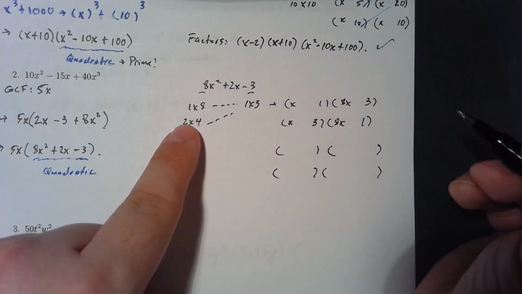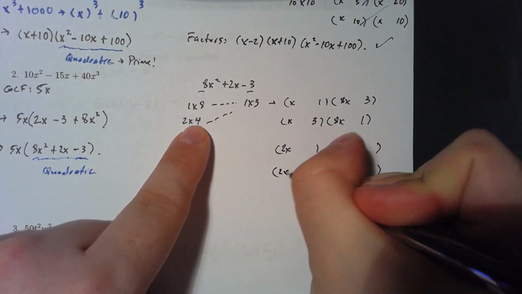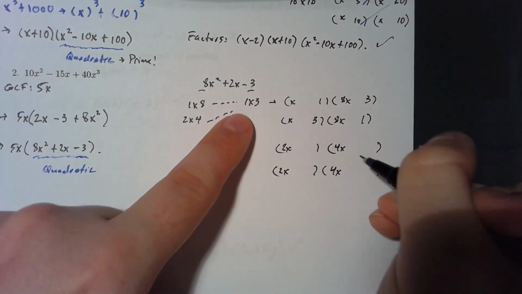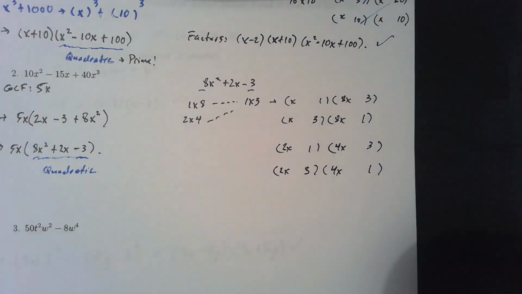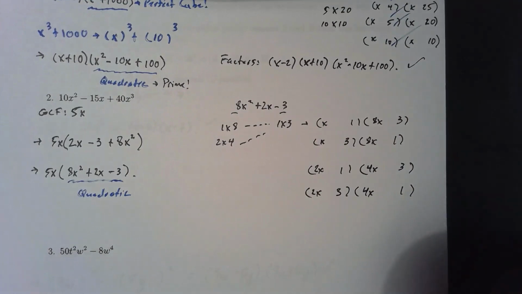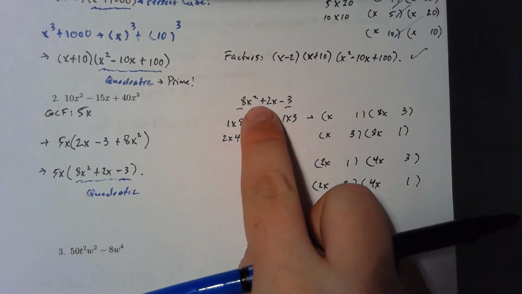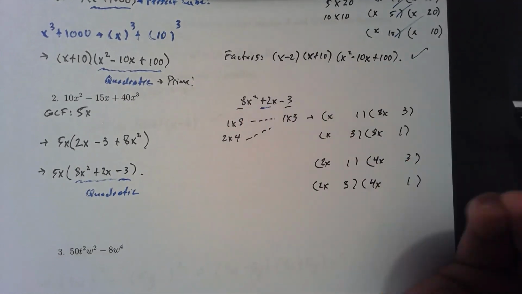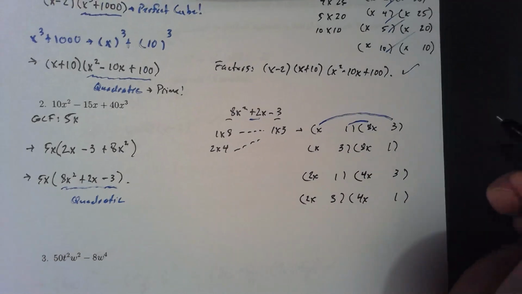Alright. 2x and 4x. 1 and 3, and 3 and 1. Okay. So I just got to check to see which ones are going to give me positive 2. So what's the outside, inside here?